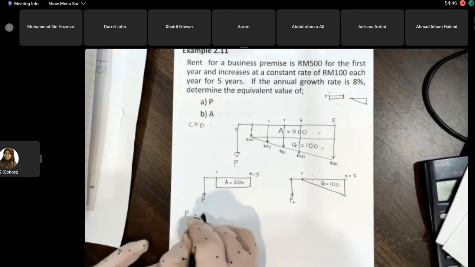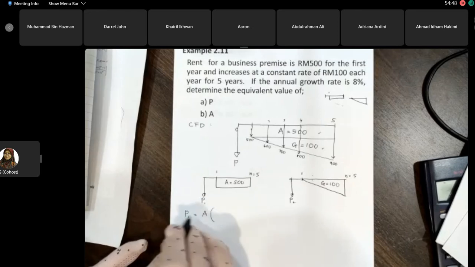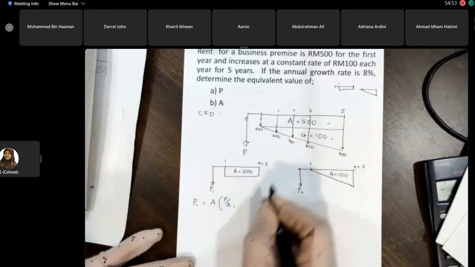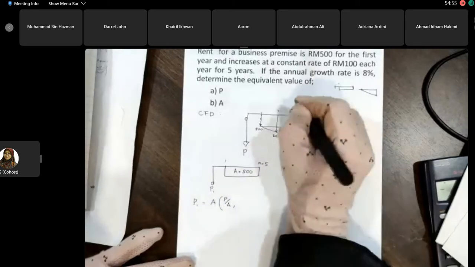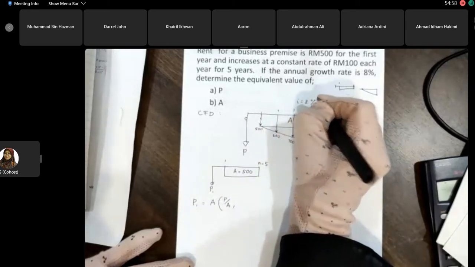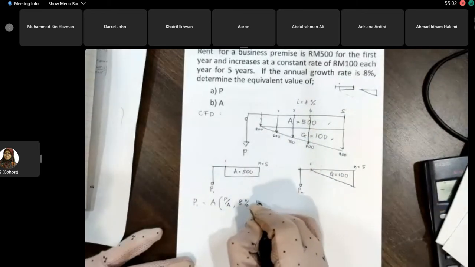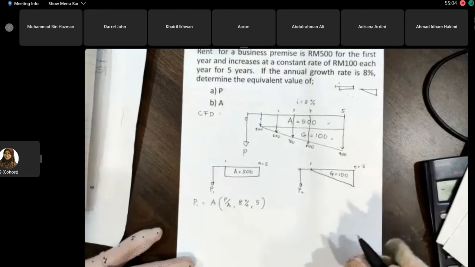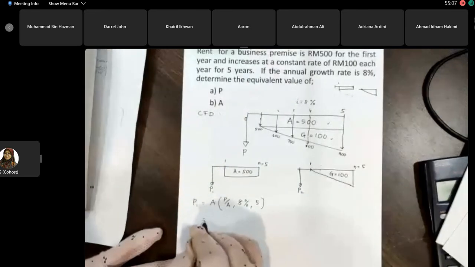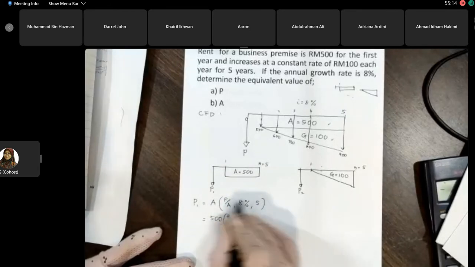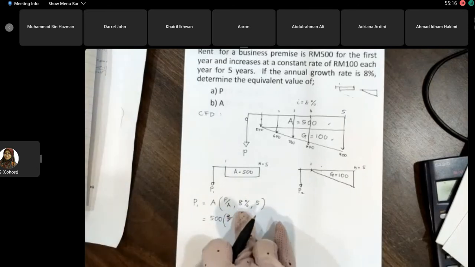is equal to, okay, you have A, so P over A, I is 8%. Okay, I is 8%. N is 5. Okay. So it's 500. And then P over A. Carilah. Okay, what is the value? Now 8%.